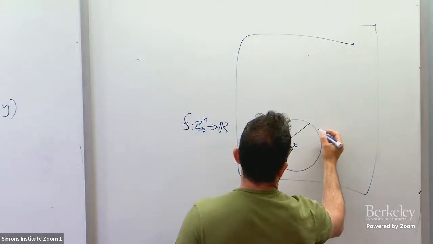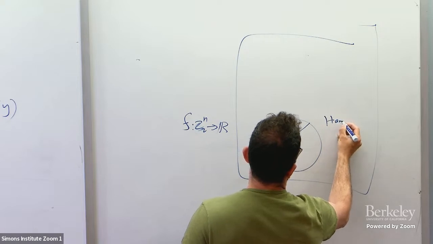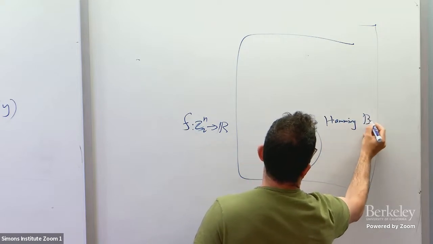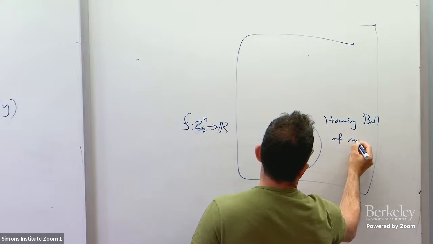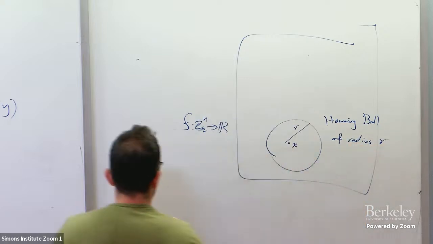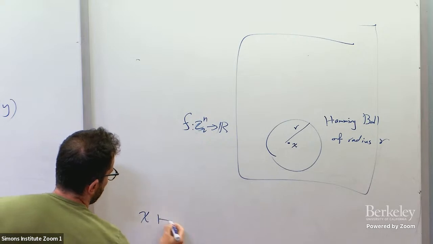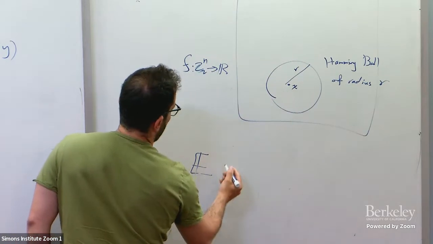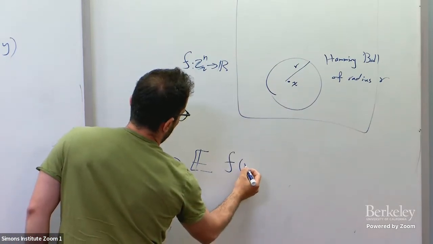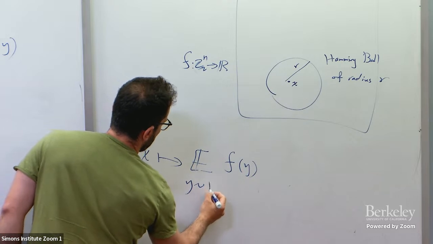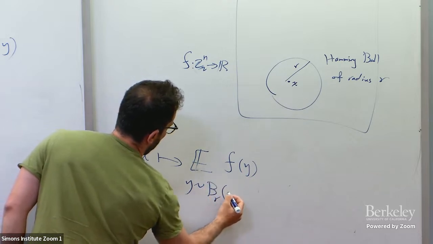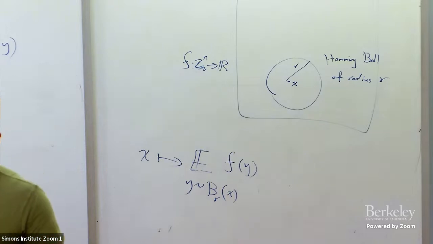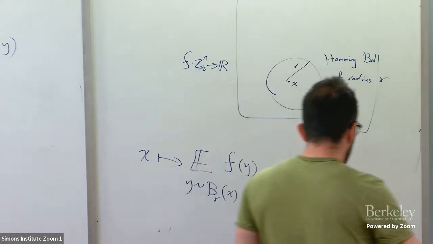So I want x to be mapped to the average of f(y), where y is selected from the Hamming ball of radius r around the point x. You can easily represent these kinds of things with convolution and study them that way.